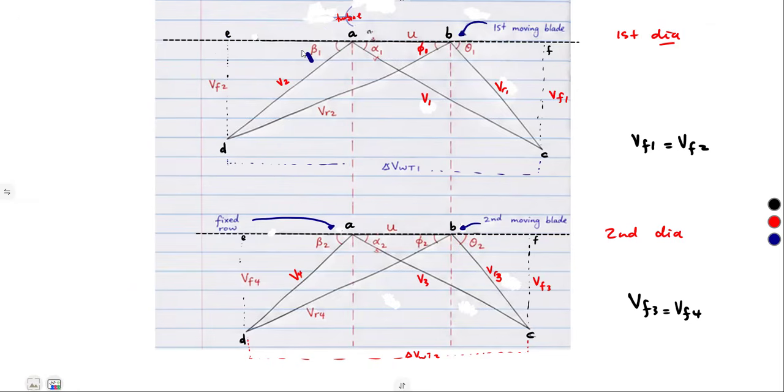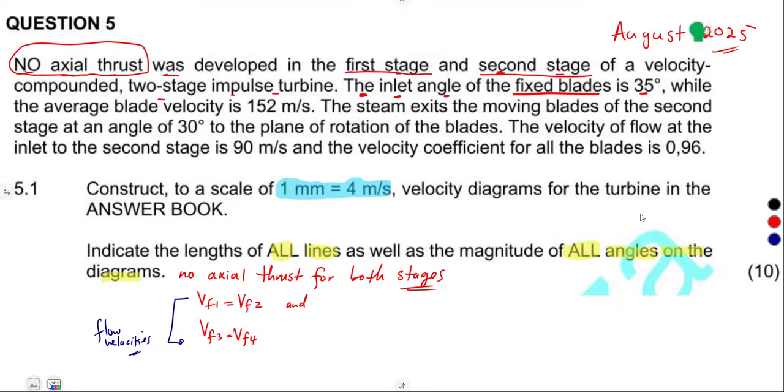What will enter is beta 1, to the fixed blade. So the inlet here will be the exit, but what will enter is from the first diagram. So the inlet angle to the fixed blades is going to be beta 1. That's what you must understand.